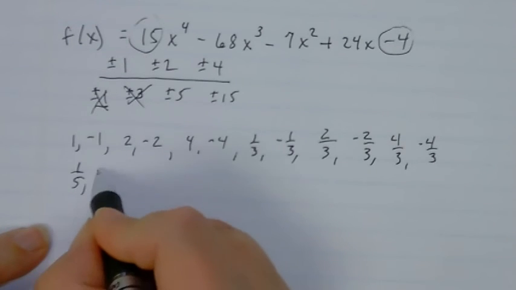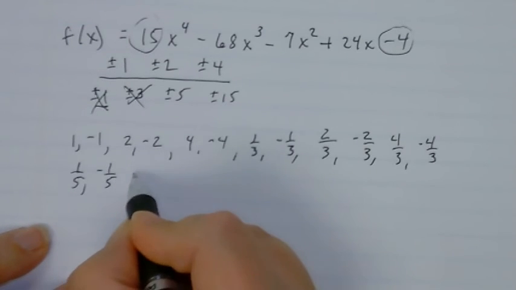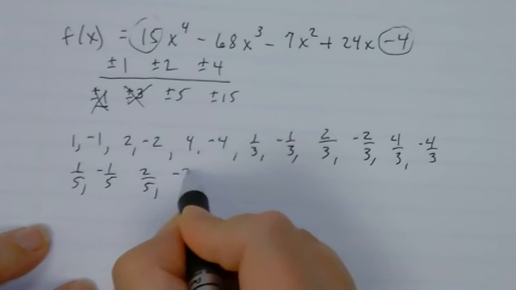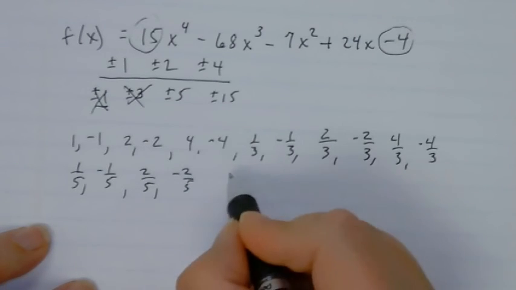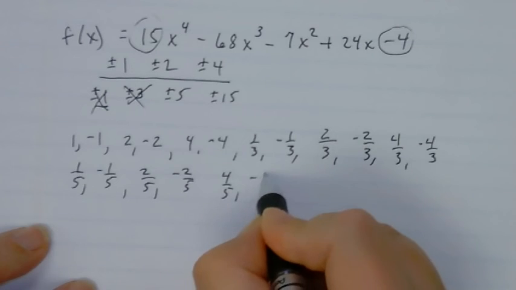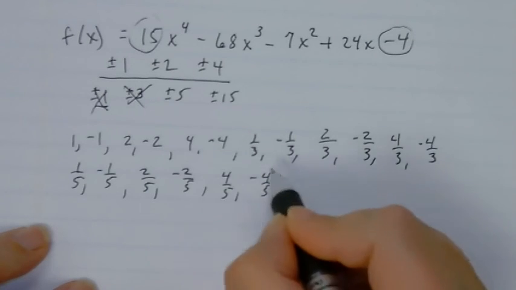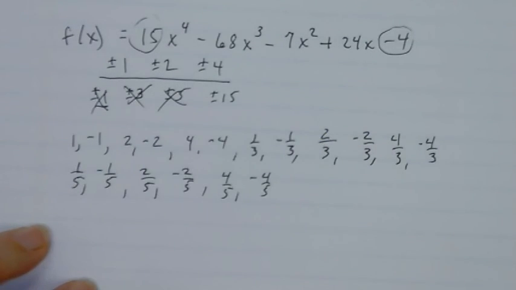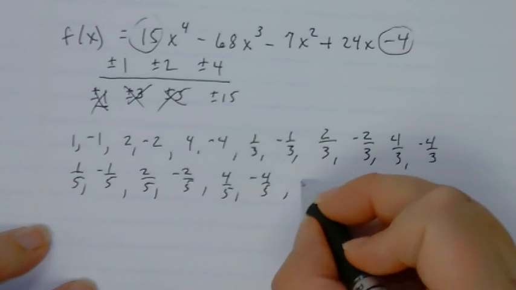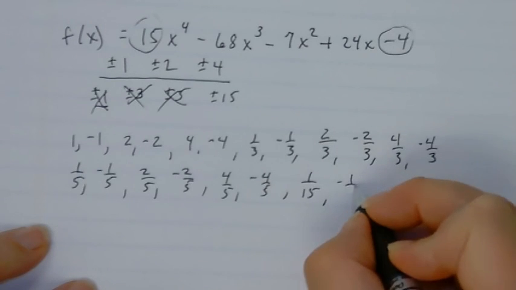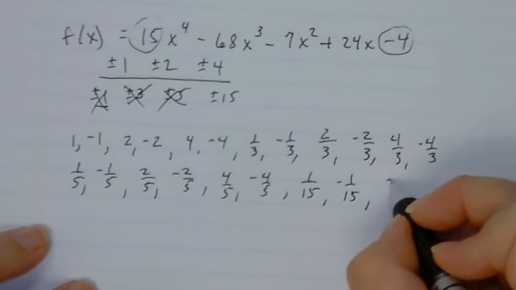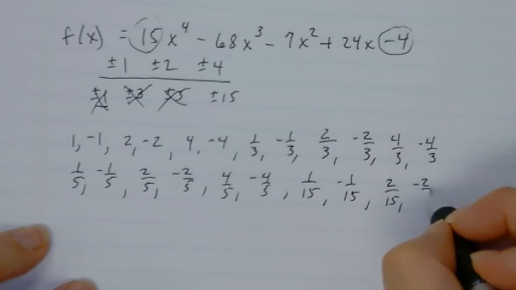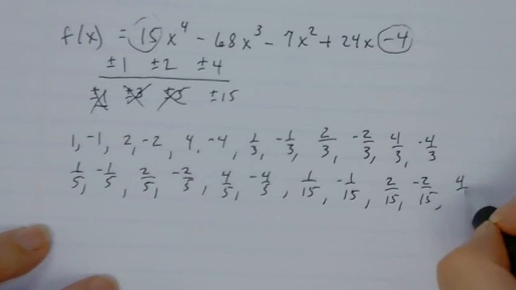So 1/5 and negative 1/5, 2/5 and negative 2/5, and 4/5 and negative 4/5. So 5 is done. And then I have 1/15 and negative 1/15, 2/15 and negative 2/15, and 4/15 and negative 4/15.